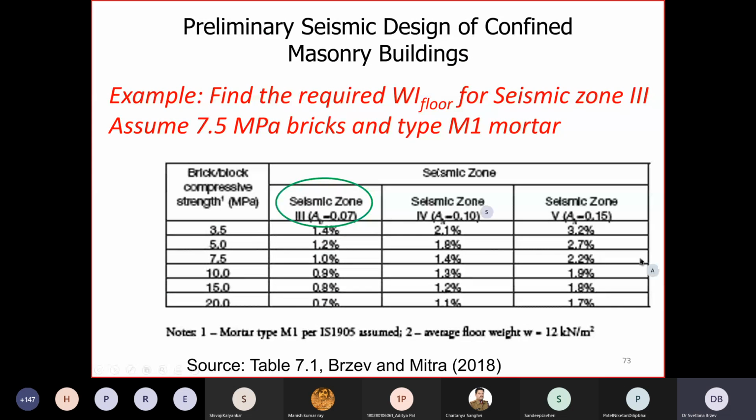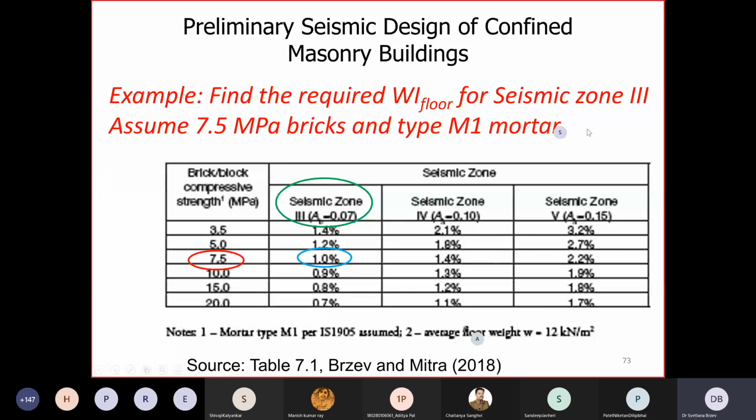So if you have, for example, seismic zone 3 of India, and we assume 7.5 MPa bricks and type M1 mortar, in this publication of confined masonry by Brzev and Mitra, determine what is the required wall index per floor. So for Ahmedabad, which is in seismic zone 3, it would be 1% per floor.